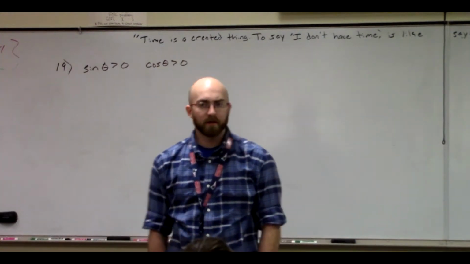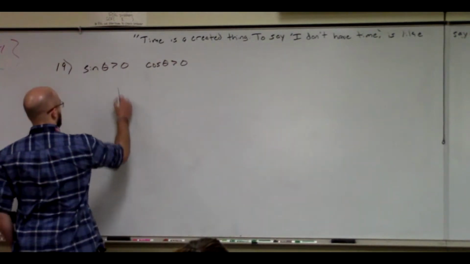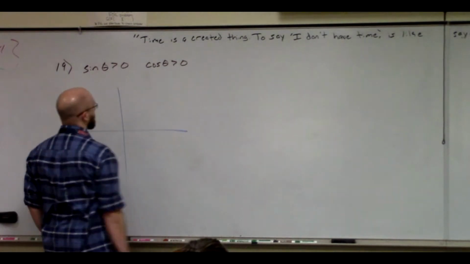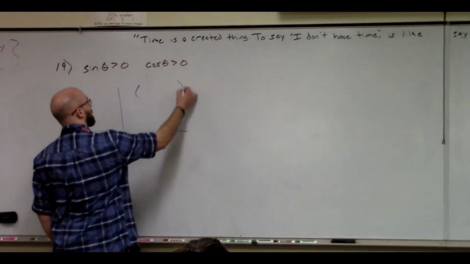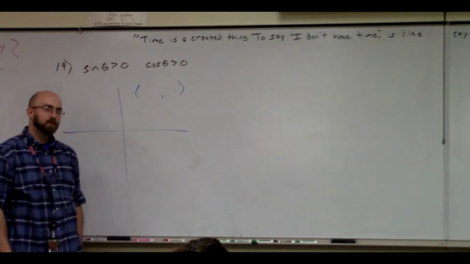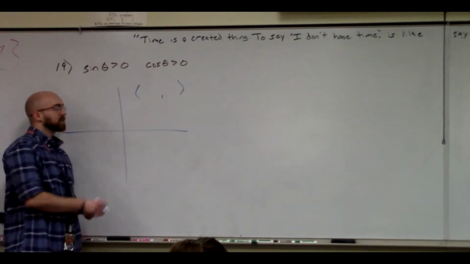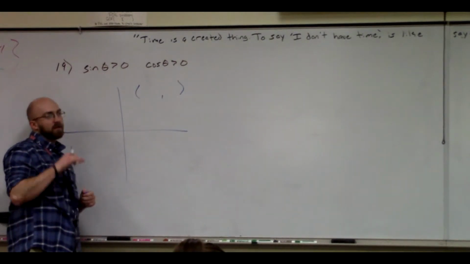Alright. Now how I do this, kind of same thing with my unit circle. If I know automatically what's the value of my x and y coordinate in this one? Are they negative or positive?